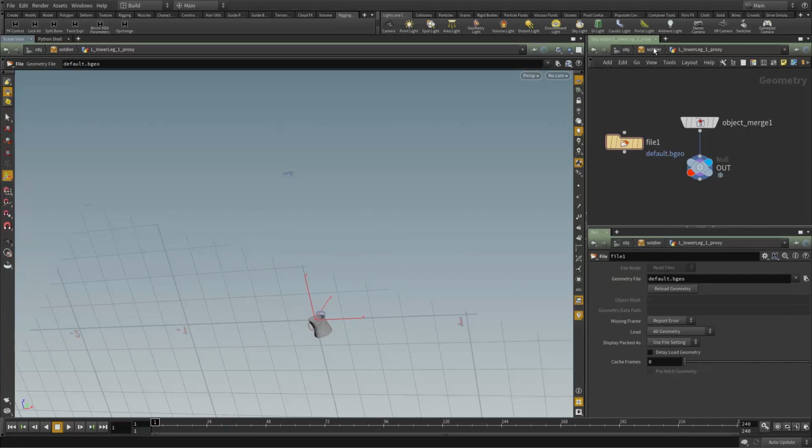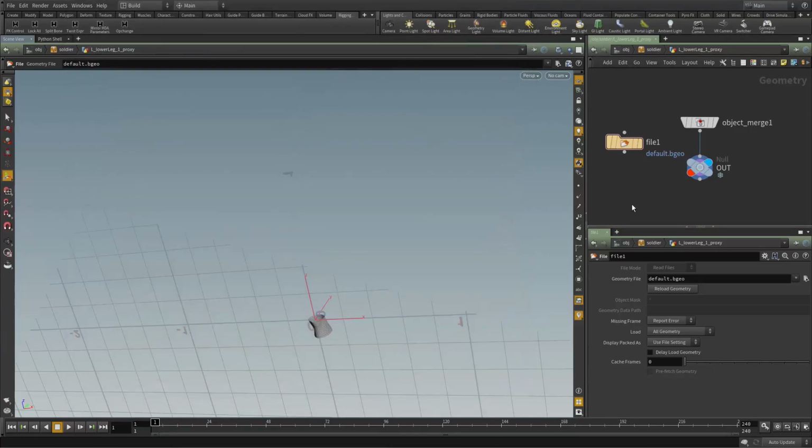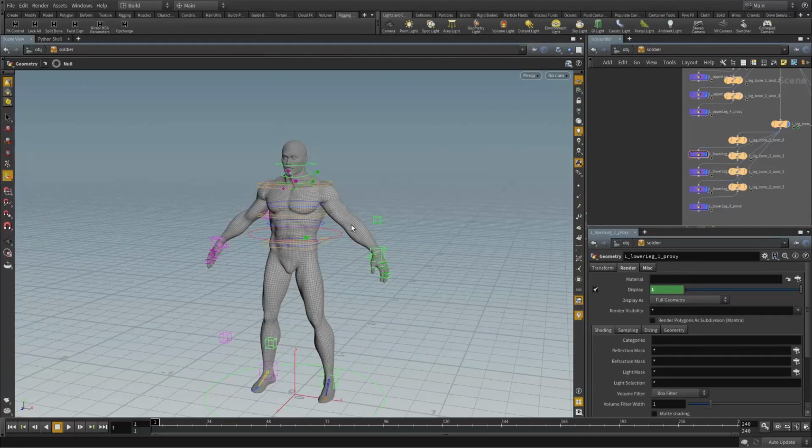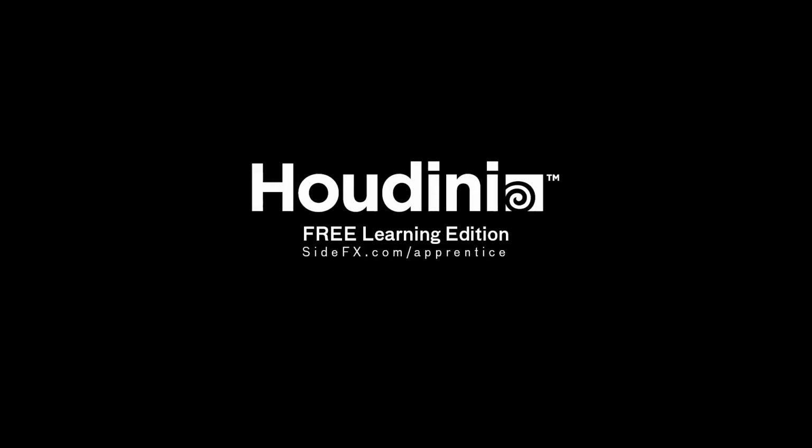And the geometry file parameter will point to that section. And when you add something to the extra files area, they're called sections. So we'll have our proxy objects as sections, and then inside our proxy geometry nodes, we'll have a file that will point to those objects. So that'll be a little bit more efficient. So we'll do that in the next video. But for right now, our rig is finished and it's ready for an animator.